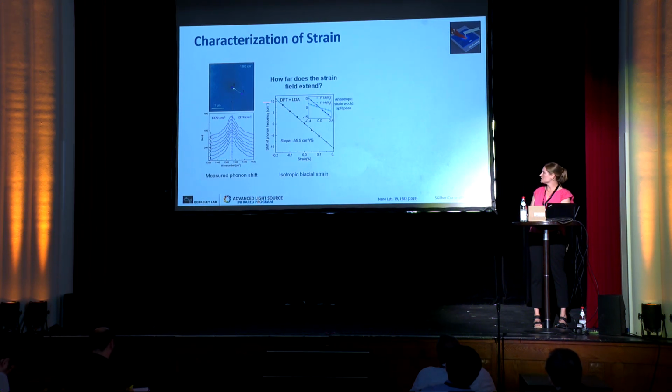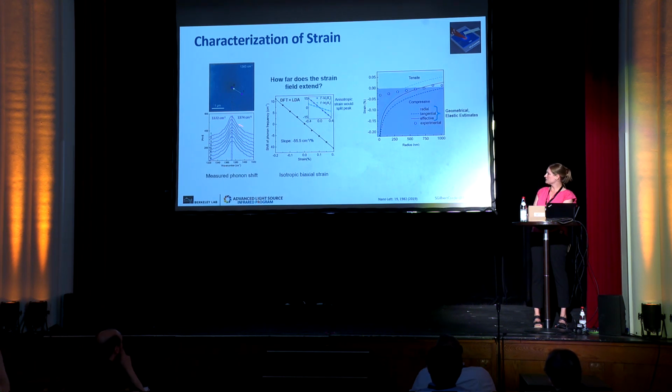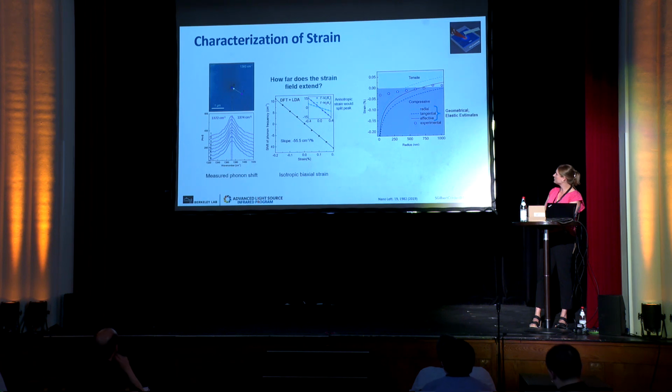This shift was modeled using first principle calculations, and it was determined that the strain in this region is isotropic and biaxial. And so from the combination of the measured shift and these first principle calculations, we were able to come up with this plot here of strain as a function of radius, and the radius is the distance from the endpoint of the wrinkle.